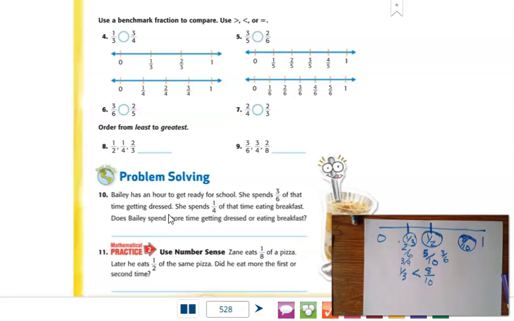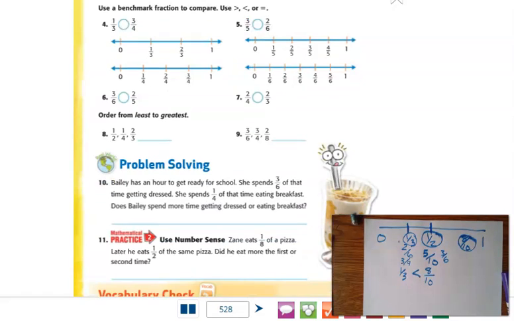Same thing with another problem I saw that did that. But anyway, look for one. If you don't see one that is a half, look for a fraction that is equivalent to a half. And then you're going to compare here 1/4 with 3/6.